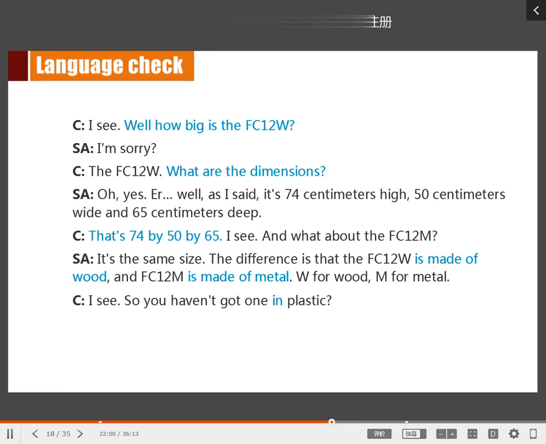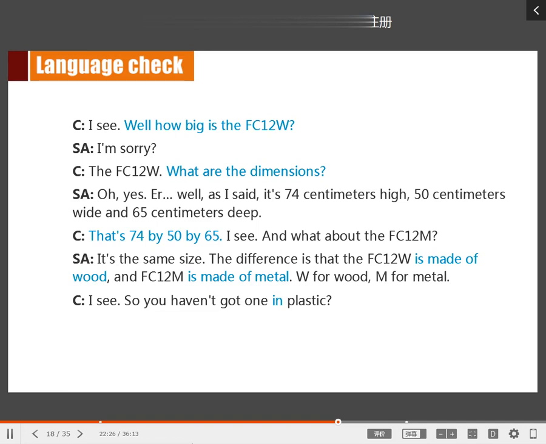I see. And what about the FC12M? It's the same size. The difference is that the FC12W is made of wood, and the FC12M is made of metal. W for wood, M for metal. I see. So you haven't got one in plastic?